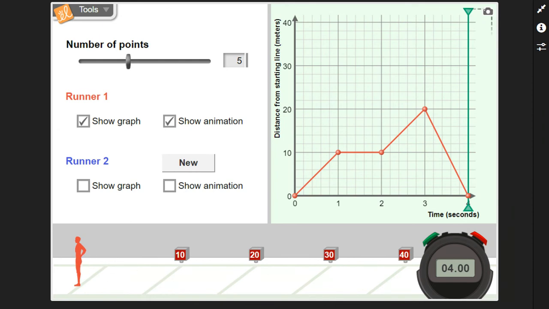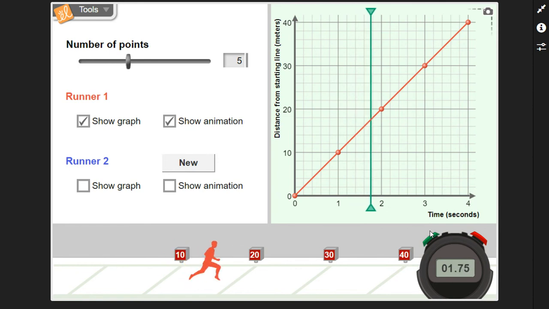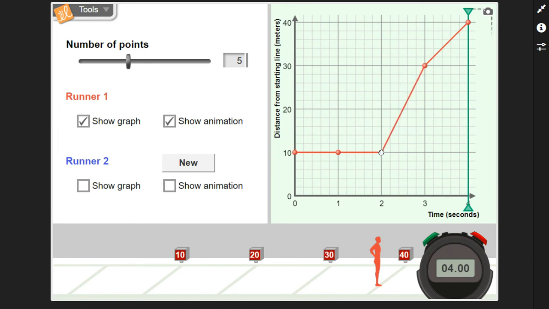So hopefully you saw how to describe the motion of the runner. And that is distance-time. So just to review, this is a distance-time graph. When you have a line that is a diagonal, it means they are running at constant speed. If you have a horizontal line, it means they're going to stay stopped at that particular position or distance marker.